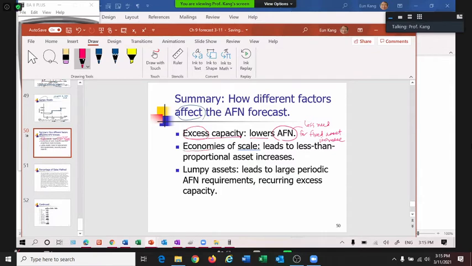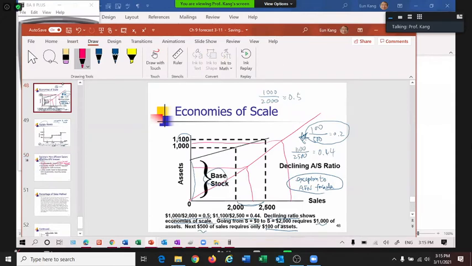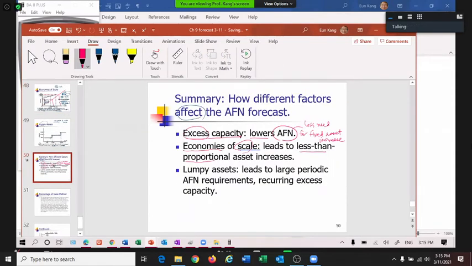And economies of scale lead to less than proportional asset increase, right? As we see here, less than proportional. And then lumpy assets lead to large periodic AFN requirements and recurring excess capacity.